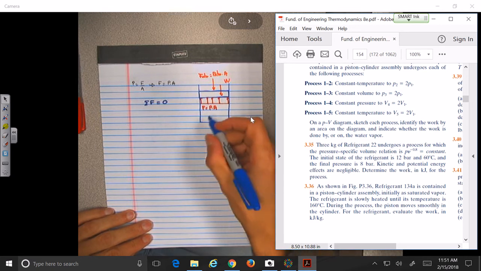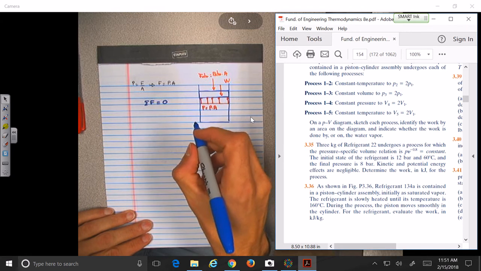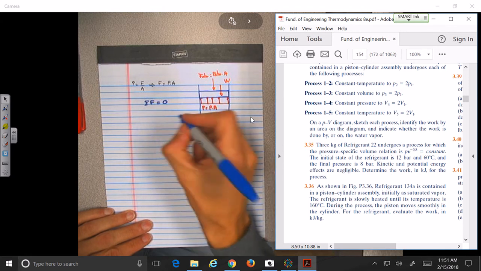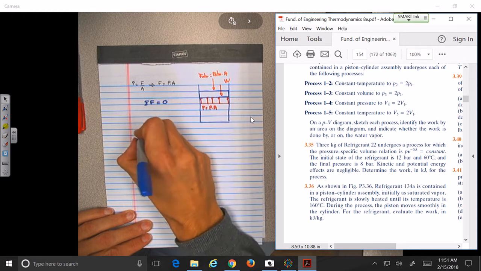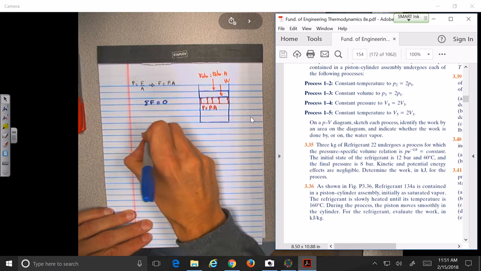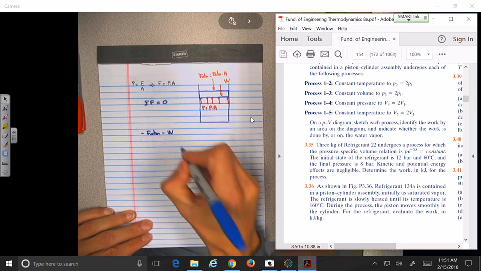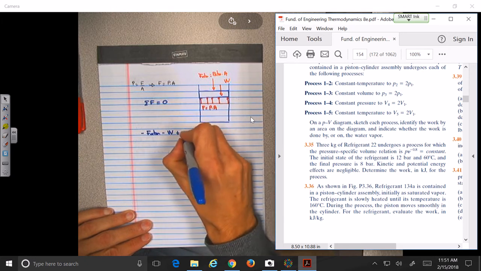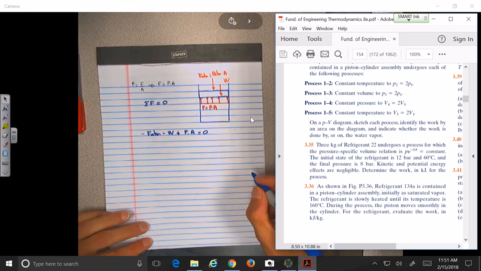So if you look at it, this will give you what? Force inside, minus F atmosphere minus W plus P times A needs to be equal to 0.